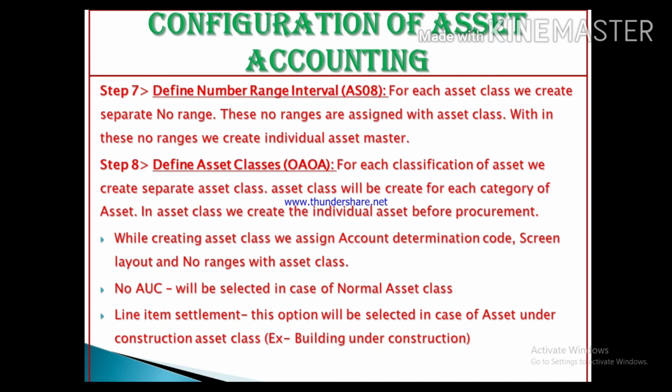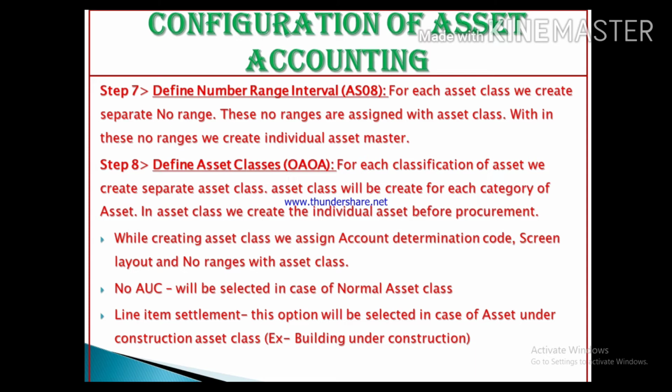In case of a normal asset class, we will select no AUC. No AUC means not under construction. Under construction means buildings and all things. The asset which is not completed, that is under construction.